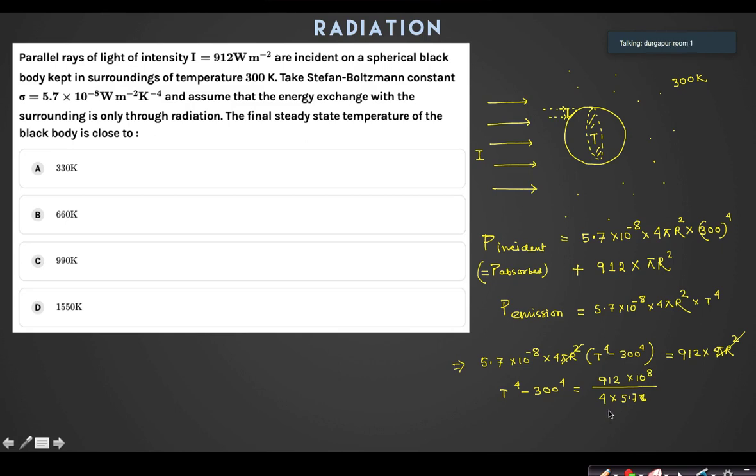So there is a bit of calculation. What is this value? 912 divided by 4, and divided by 5.7. I think it is 40, it's coming 40, right? So it is 40 into 10 power 8.